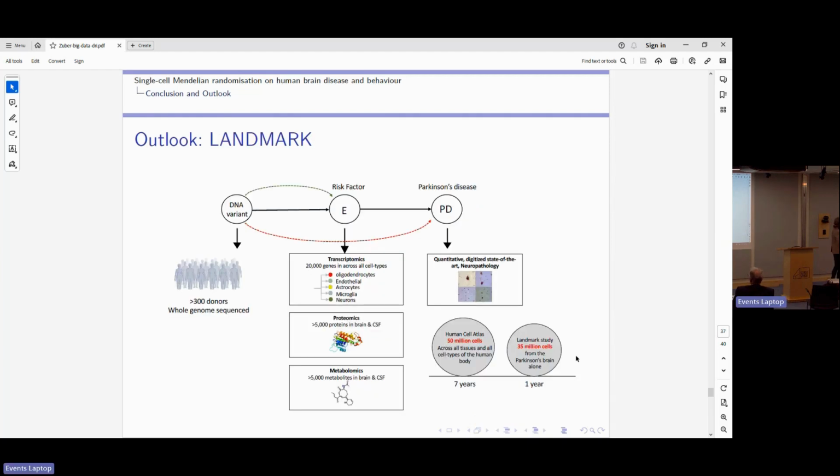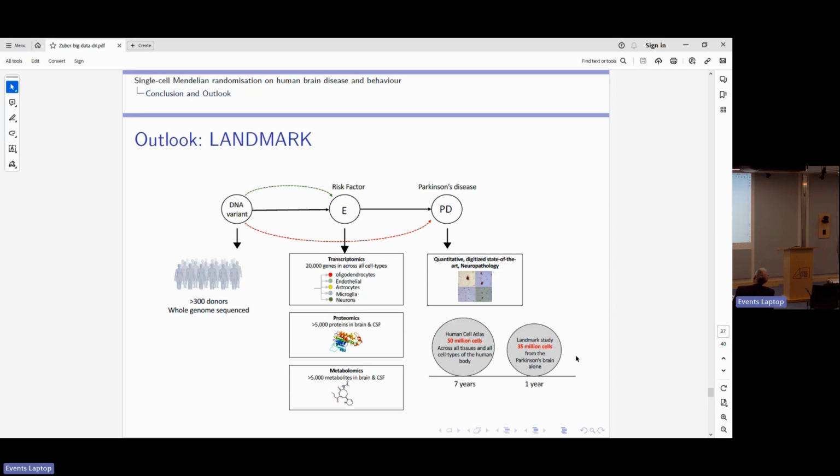And the final aspect that I wanted to point out here is the Landmark project, which is going to collect a wide range of data on transcriptomics, proteomics, and metabolomics on Parkinson's disease cases. And the aim is to derive causal inference to move forward in identifying potential targets for Parkinson's.